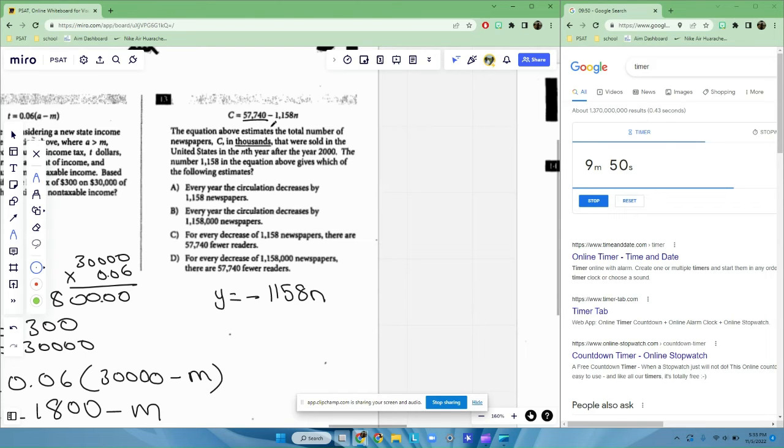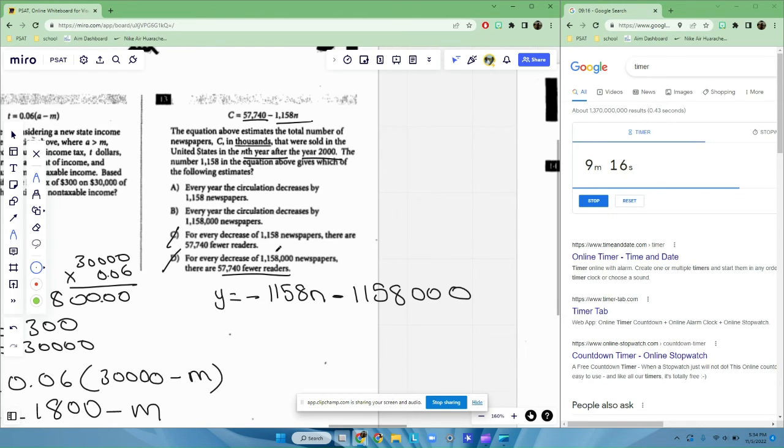Because this was in the year 2000, we're trying to double it because it's nth year after. So if you double that, you're supposed to get 1158,000. Now it's asking which is the following estimate. We know it's not D because this isn't decreasing, only our slope should be decreasing.